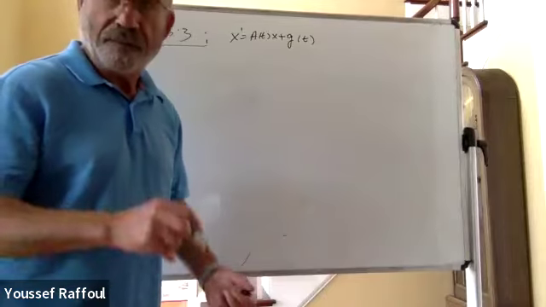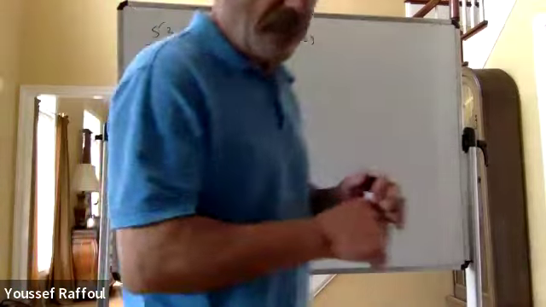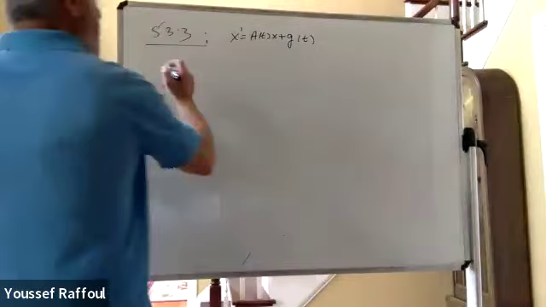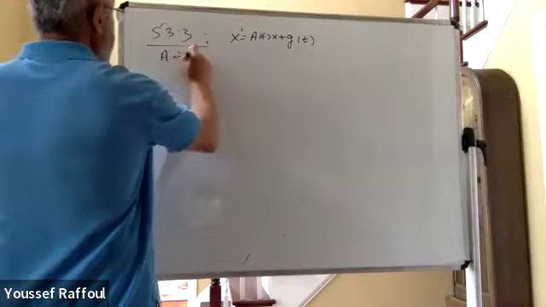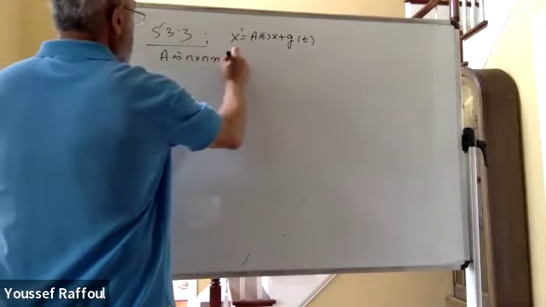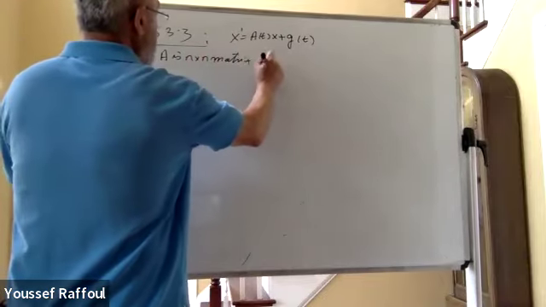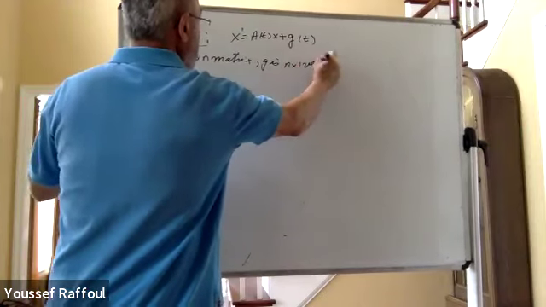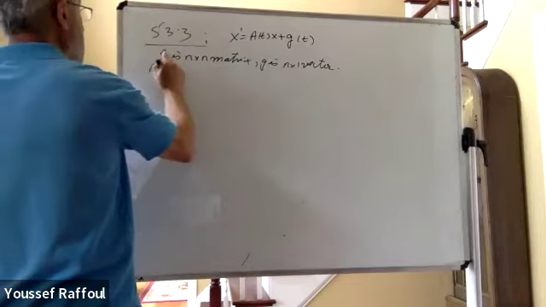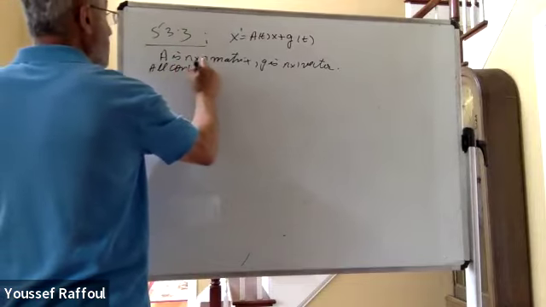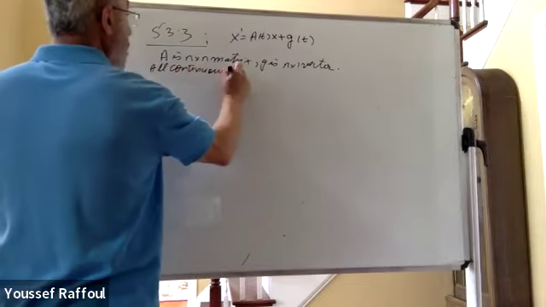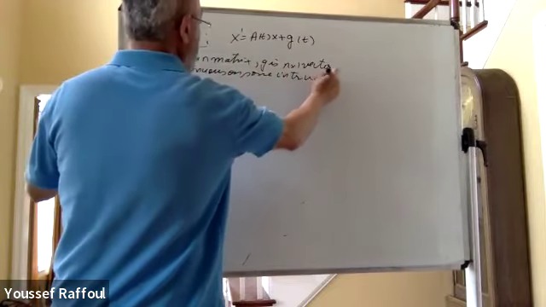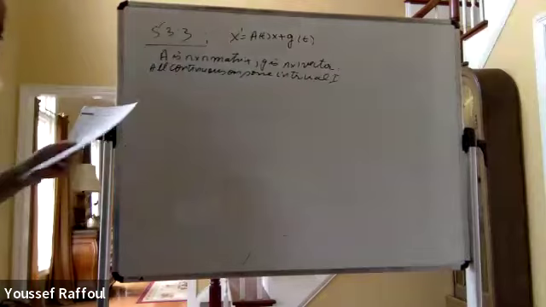So here A is an n by n matrix, and G is an n by 1 vector. They're all continuous on some interval I.